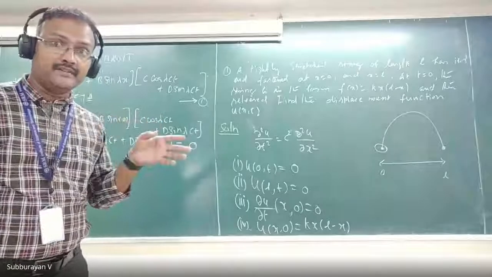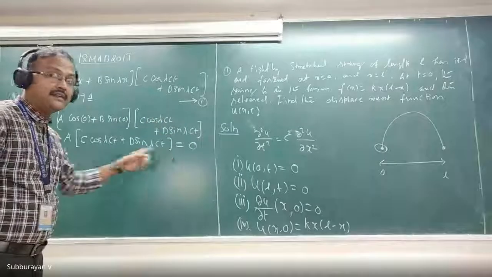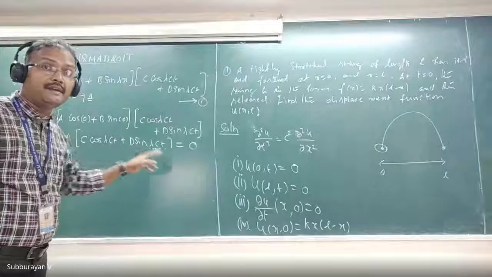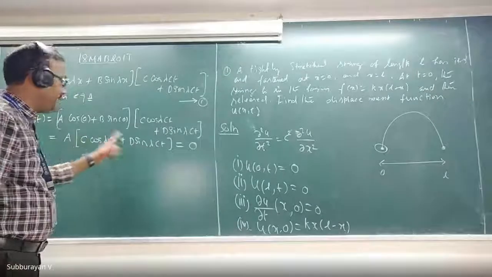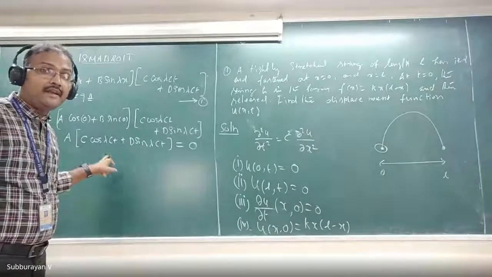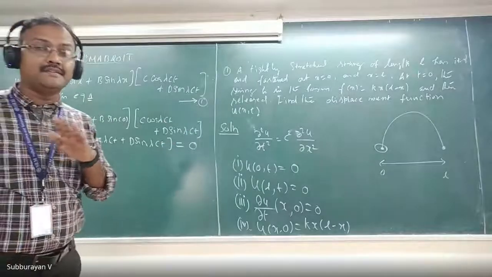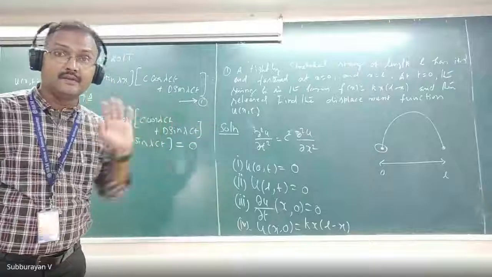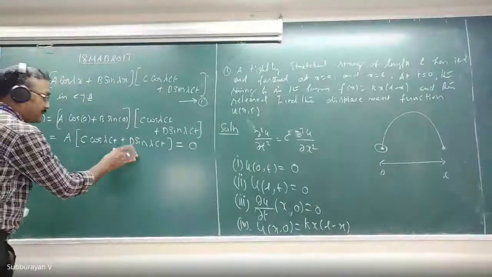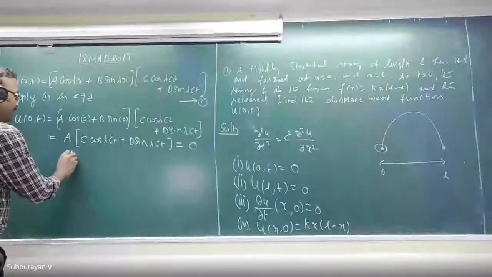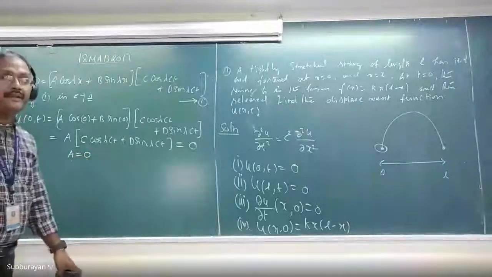An arbitrary linear combination of sine and cosine is never zero. Therefore, this expression is not equal to 0, hence A must be 0.